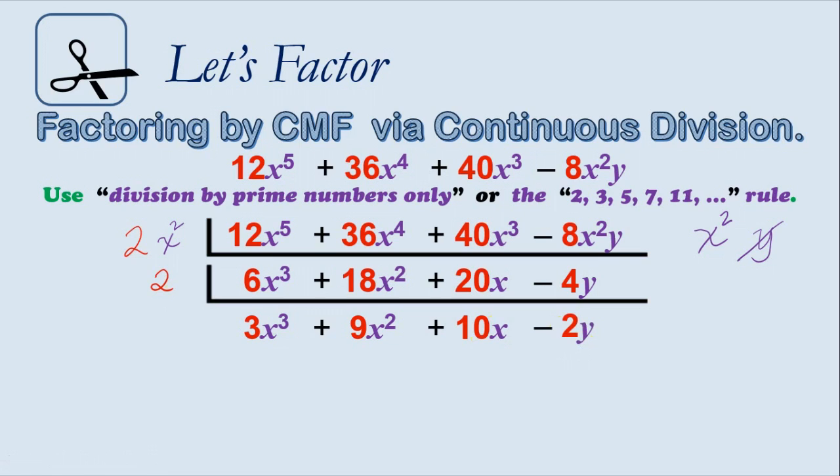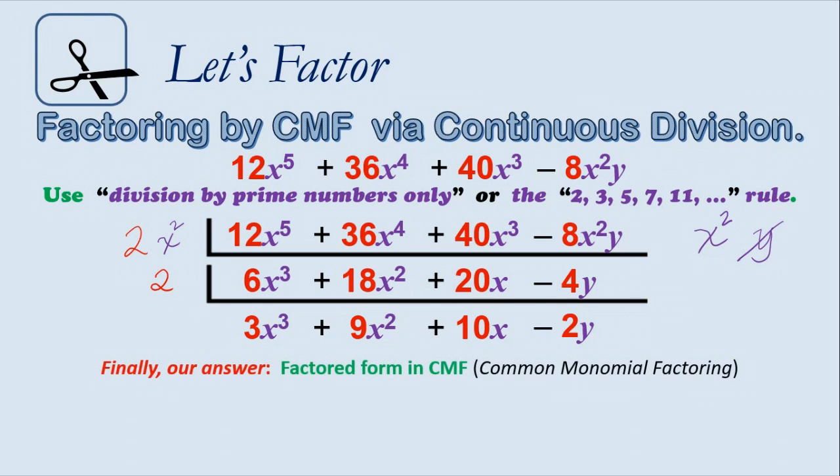Now that we are done with the second level, we shall continue the process by going one more level down. Can we still divide 3, 9, 10, and negative 2 by prime number 2? Not anymore. How about by prime number 3? The numbers 10 and negative 2 are not divisible by 3. By close inspection, we are left with no more number that can further divide the remaining numbers. Therefore, we have to end the division process.